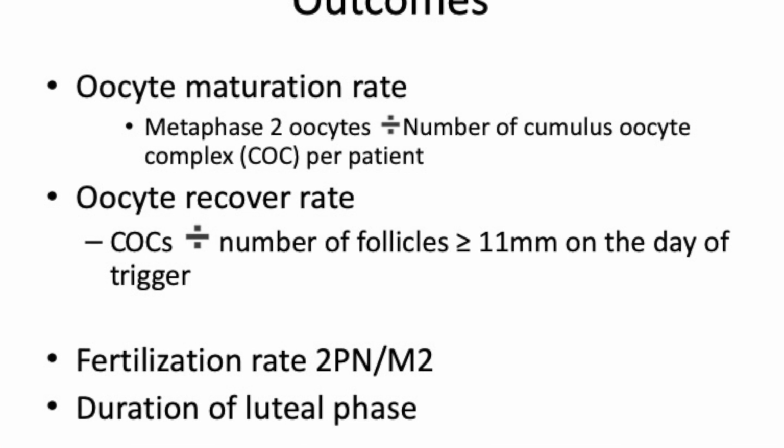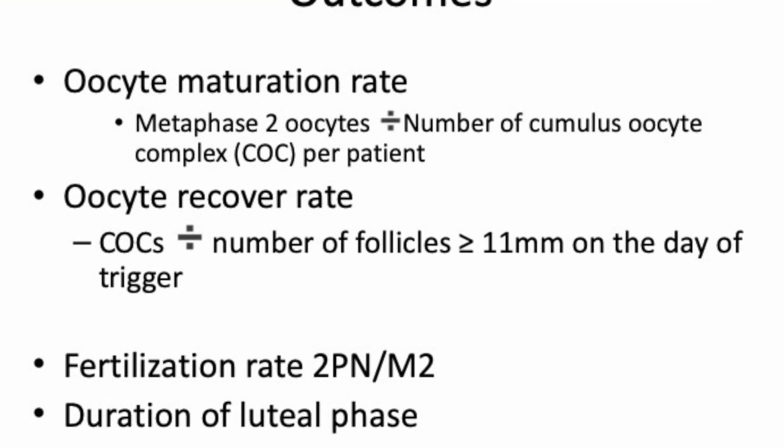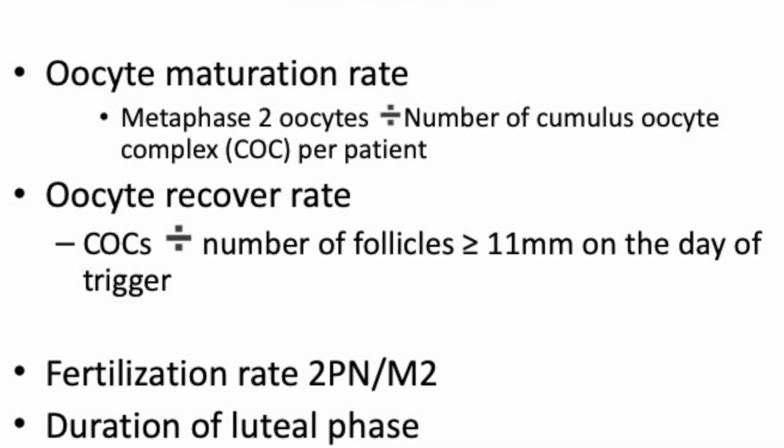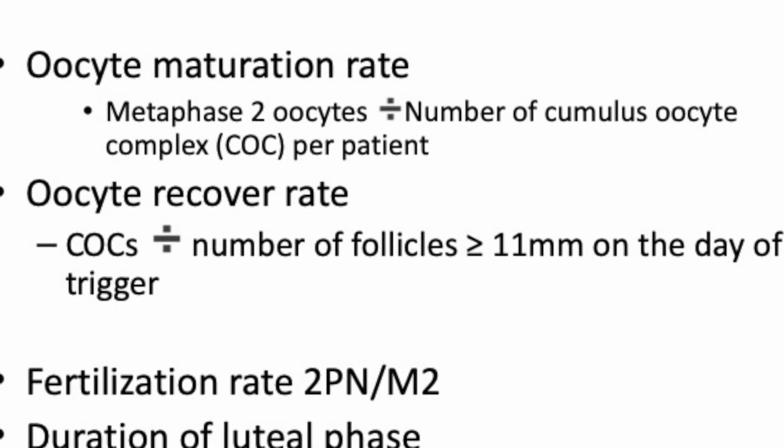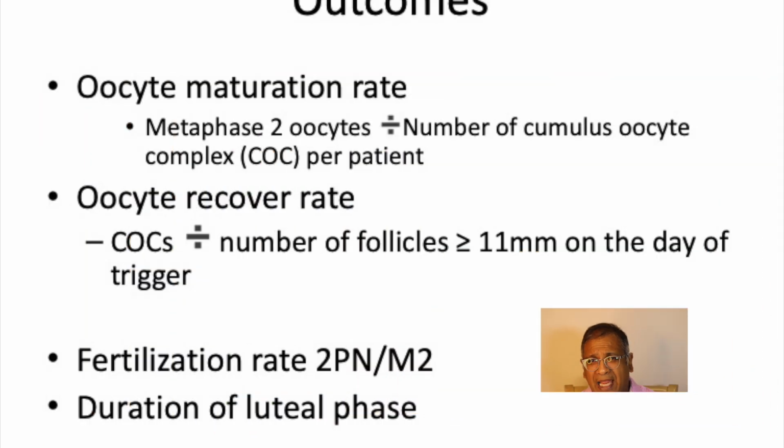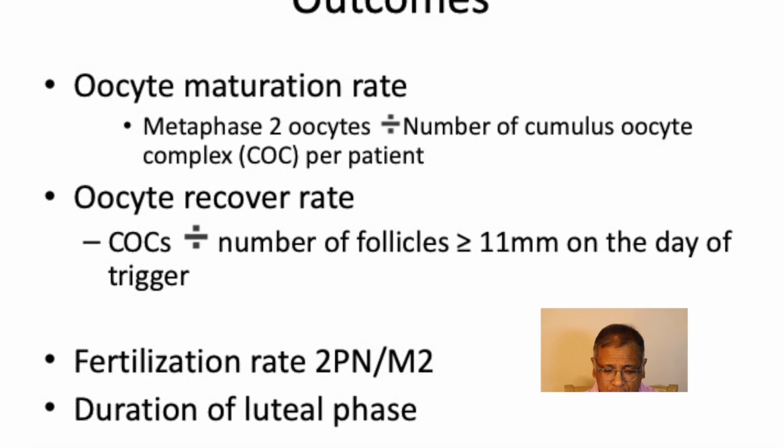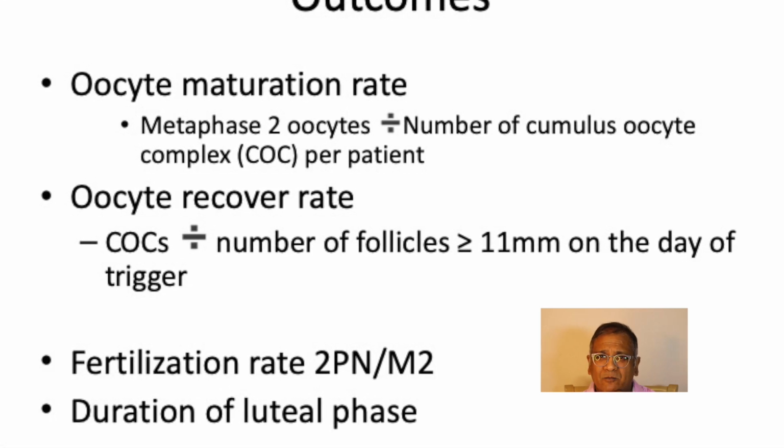Now, there are two new definitions which we have to go through, and one of them is called the oocyte maturation rate. How is the oocyte maturation rate calculated? It is calculated from the total number of metaphase 2 oocytes, and in effect, very simply, the total number of eggs or total number of cumulus oocyte complex.